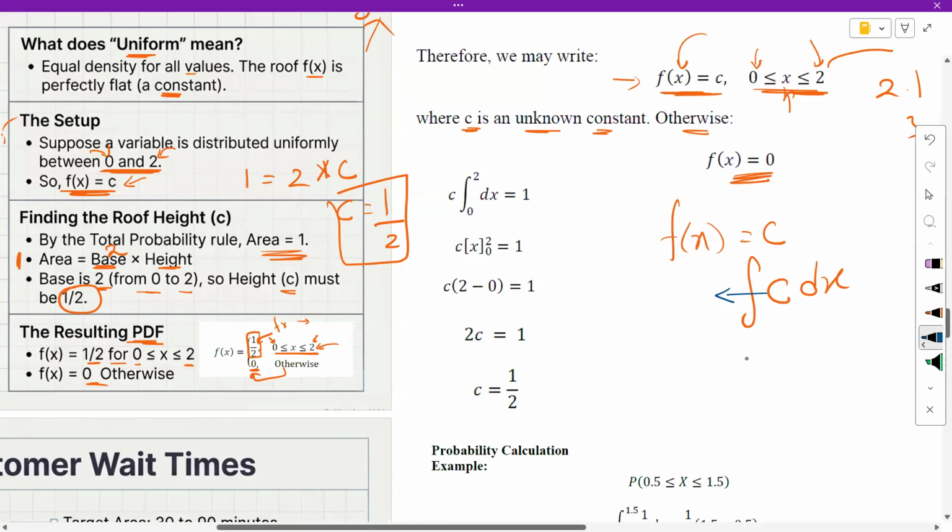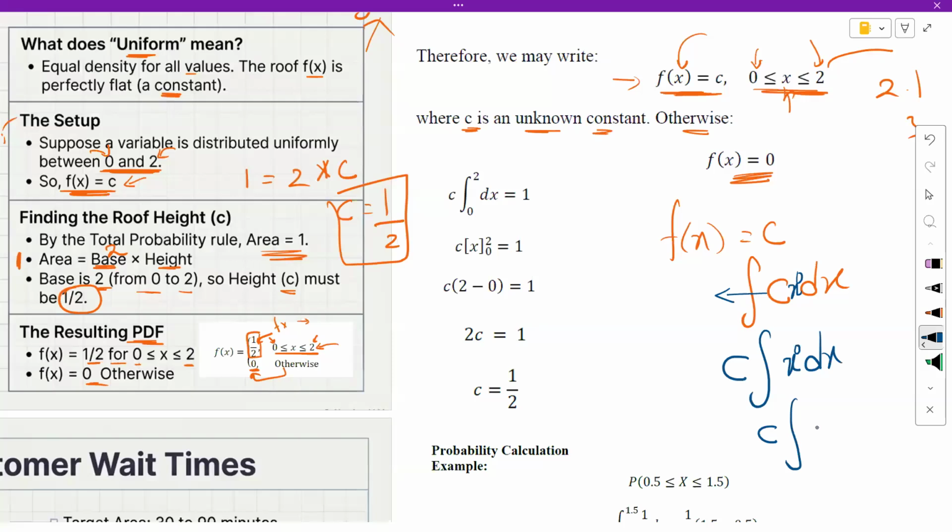So c times the integral of x to the power 0 dx, since x to the power 0 always equals 1.